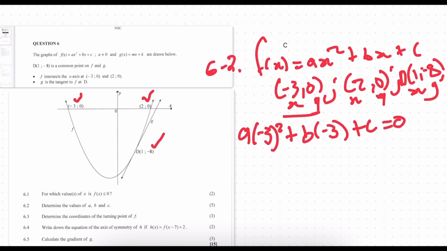I'm thinking in my head, at some point I'll need to make these the subjects of the formulas. That means now you'll have 9a minus 3b plus c equals 0.